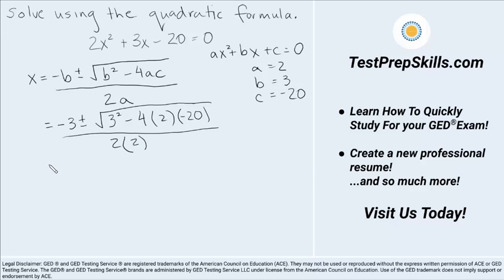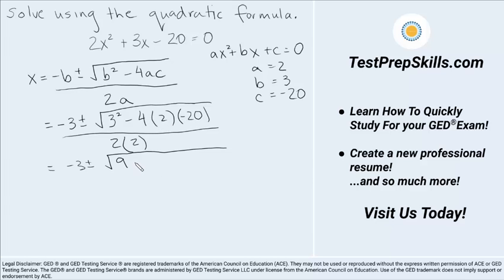Let's go through and simplify. We've got our negative 3 plus or minus, and let's deal with under the square root. 3 squared is 9, and then we have minus 4 times 2, which would be minus 8, times minus 20.